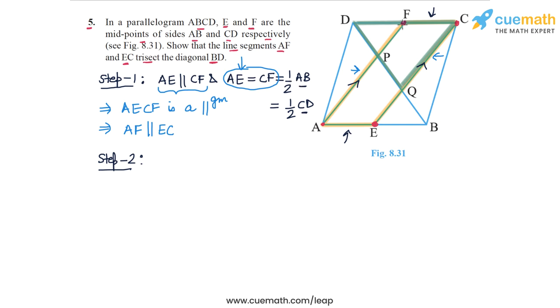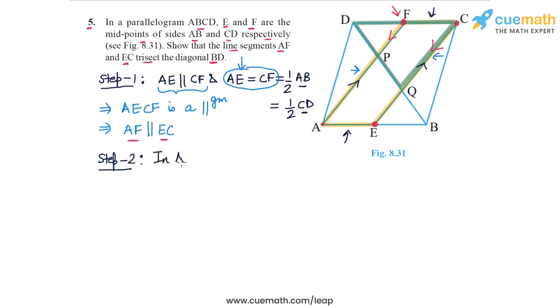So in this triangle, F is the midpoint of DC and FP is parallel to CQ. Why is FP parallel to CQ? Because we proved that these segments AF and EC are parallel, and FP is part of AF and CQ is part of EC. So we can apply the converse of the midpoint theorem.